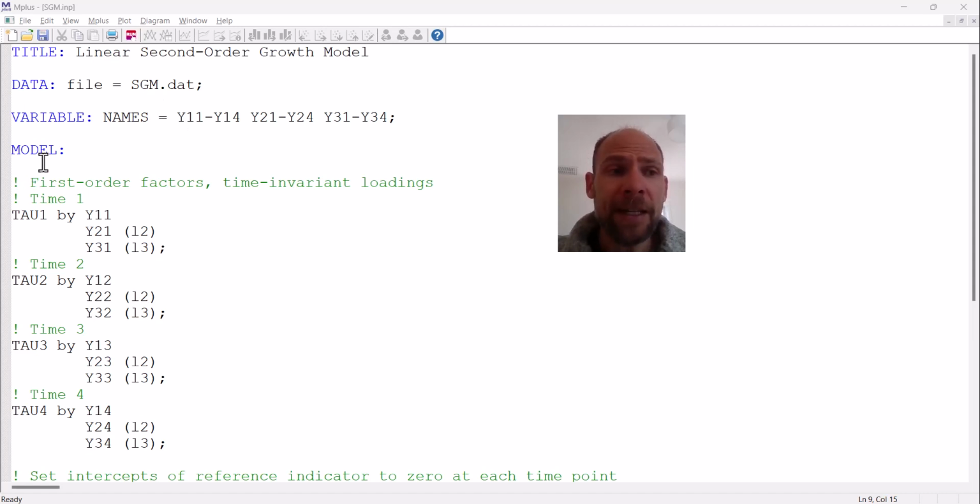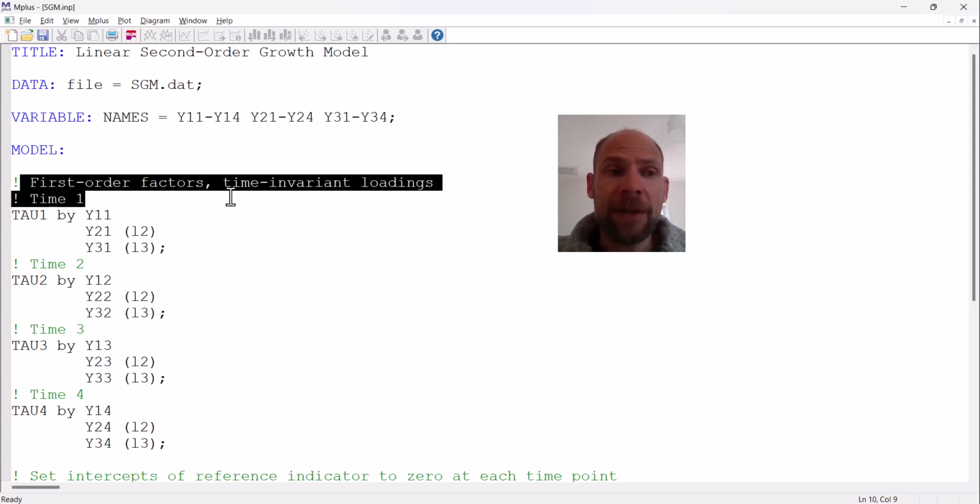The first thing that we do then in our model statement is we specify the first-order factors, and oftentimes they are referred to as latent state factors in the context of latent state-trait theory. Latent state-trait theory is a measurement theory for longitudinal measurements, and so these are called state factors because they may contain trait and/or state residual components, meaning they can have components that are due to the person, and they can have components that are due to situations and person-by-situation interactions.